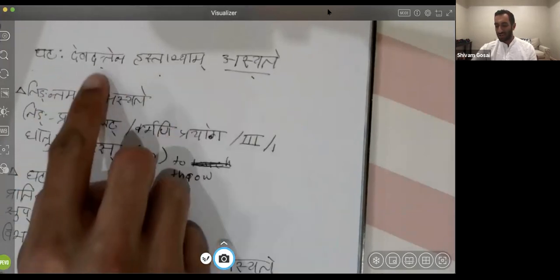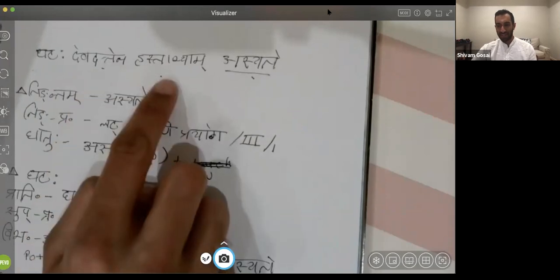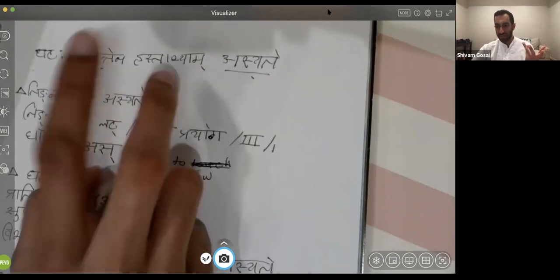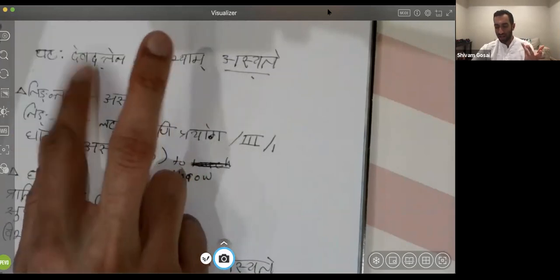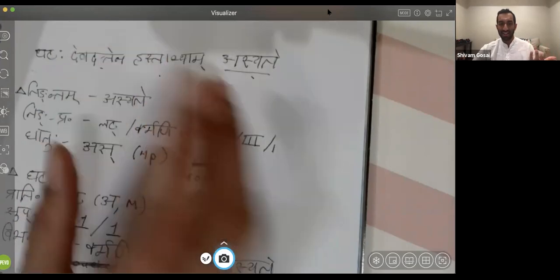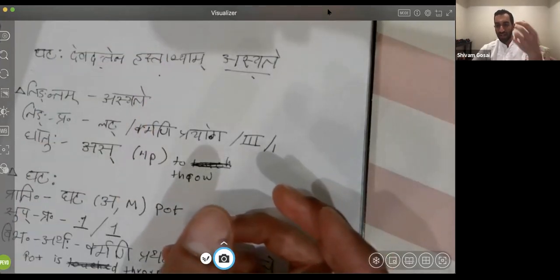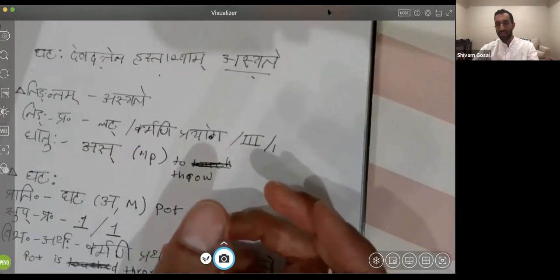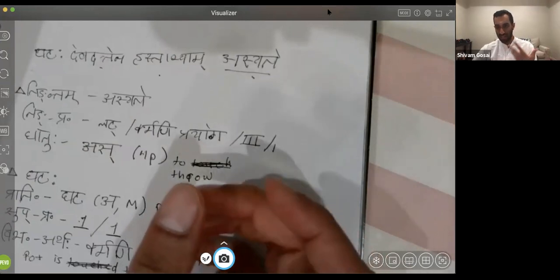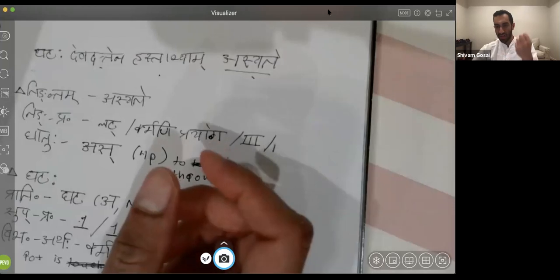It's thrown with Devadatta by the two hands. It's possible. Technically, you could switch the karta and karana, but contextually, we know that Devadatta is the one using the two hands, right? He's the karta. So contextually, we know that Devadatta is the karta and the hasta are the karana.